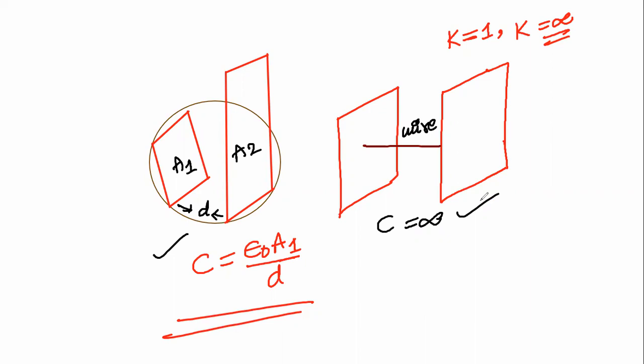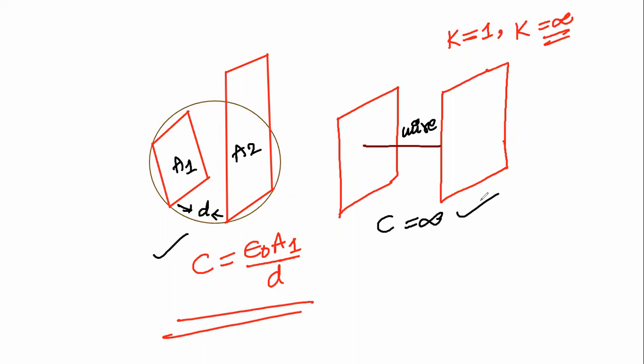C is equal to epsilon naught A1 divided by D. If the two plates of the capacitor are connected with a connecting wire, the capacitance becomes infinite, as the potential between the plates becomes zero. After connecting, they reach the same potential and are neutralized.